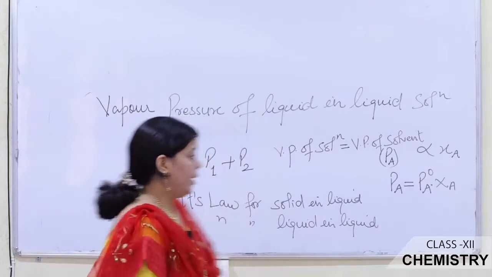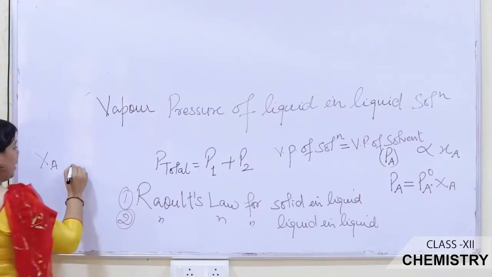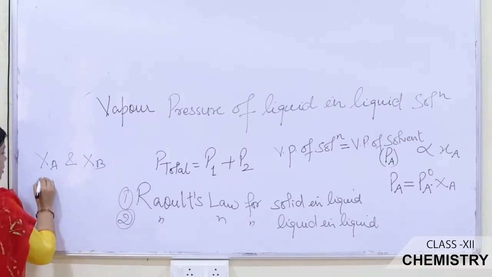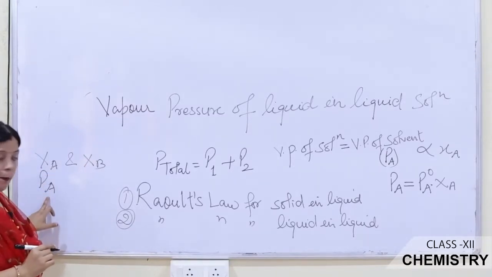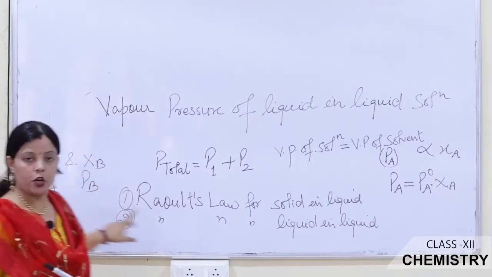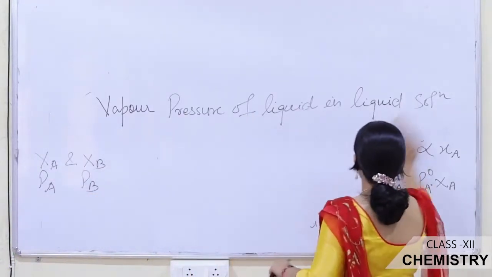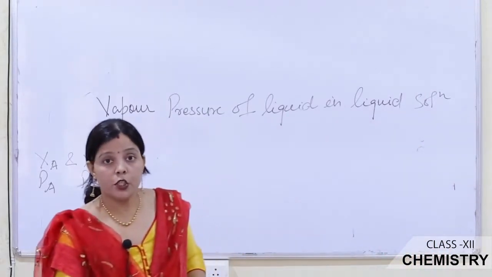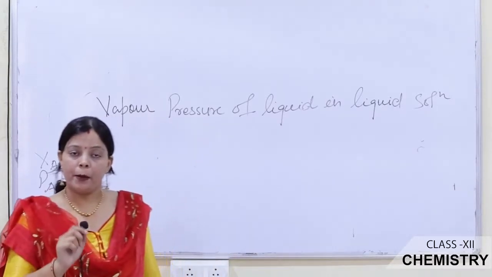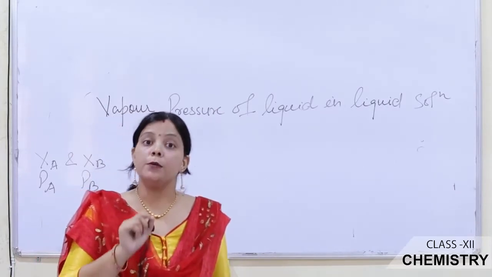Xa is the mole fraction of component A and Xb is the mole fraction of component B, Pa is the partial vapor pressure of component A and Pb is the partial vapor pressure of component B. Raoult's law states that for a solution containing two or more miscible volatile liquids, the vapor pressure of each component is directly proportional to its mole fraction.